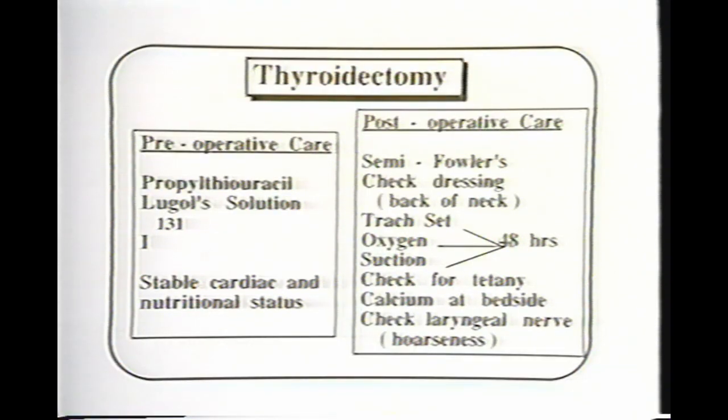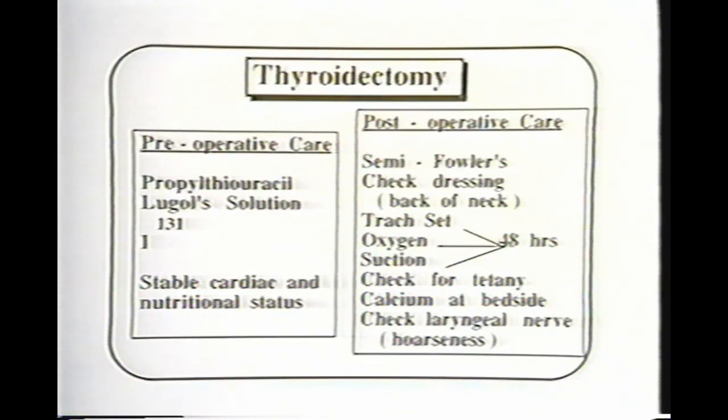And PTU and Lugol's can be given to shrink the thyroid gland and make it less vascular. Or we might give the I-131, the radioactive iodine, which also helps to shrink the thyroid gland. We want the patient in as stable a cardiac and nutritional status as possible prior to surgery.